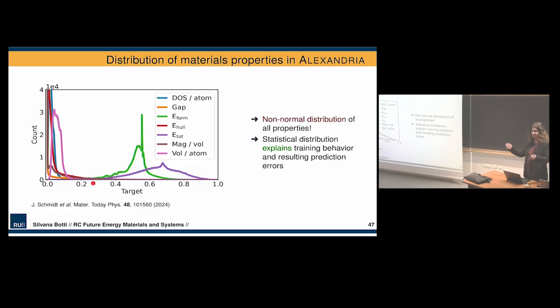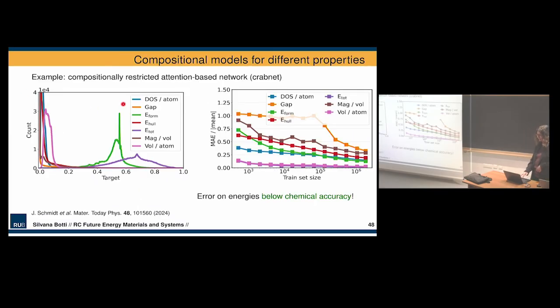But if you just put together metals and semiconductors, of course there are many more metals, and things become complicated. But all these things can then be tested by doing some machine learning with existing models, like CrabNet, which we use a lot for testing purposes on the Alexandria database.